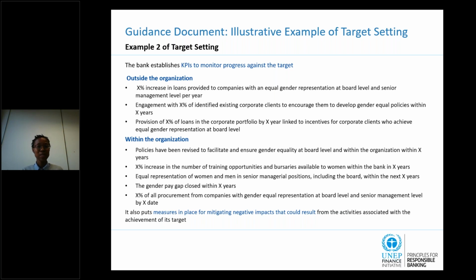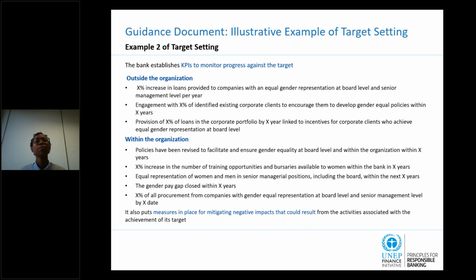Lastly, the bank also puts measures in place for mitigating negative impacts that could result from the activities associated with the achievement of its target. And Daria provided an example around how sometimes you set a target to walk towards more positive impact, but sometimes there are negative impacts associated with that, and it's really for banks to be aware of that.